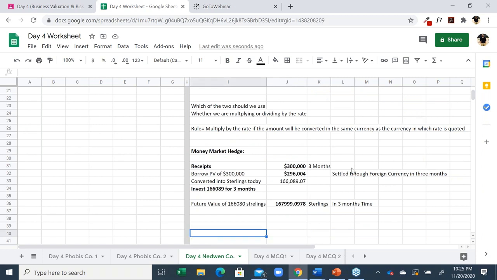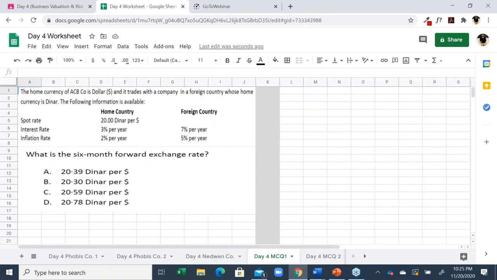Now, I'm just displaying a question for all of you, and I want you to solve this question. I'm giving you 10 minutes to solve it. And at the end, I will also show you a shortcut of money market hedge, which you can use in your exams as well.